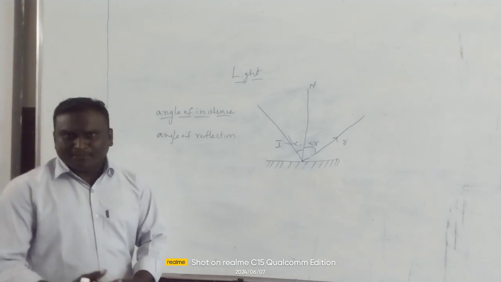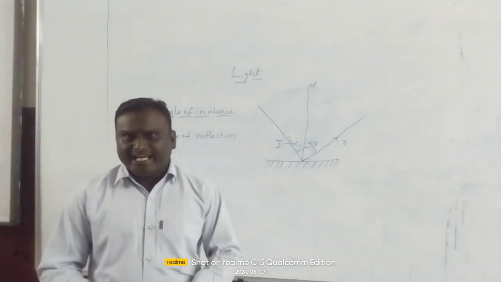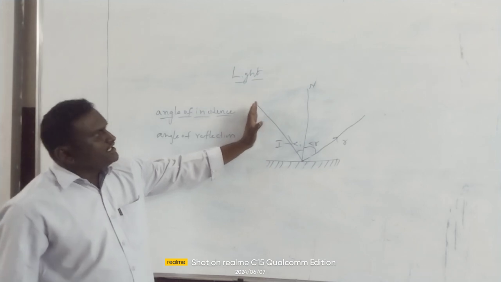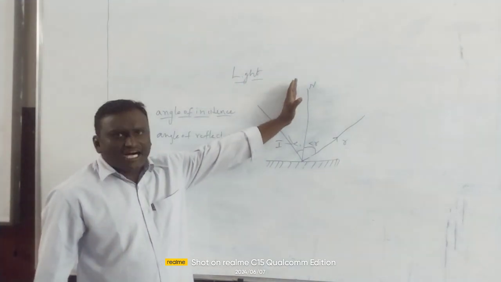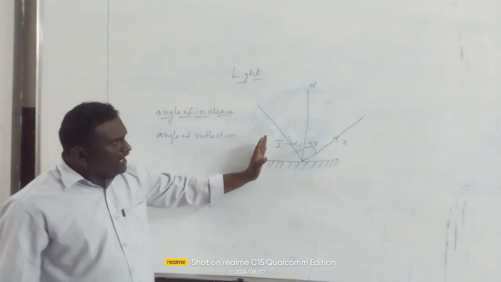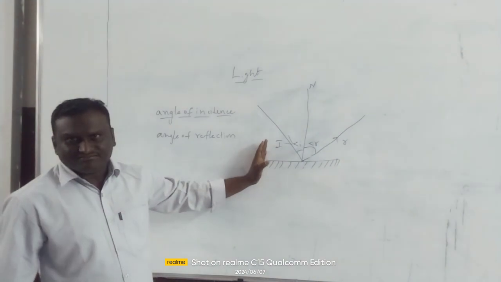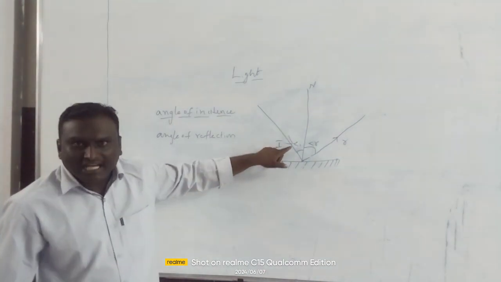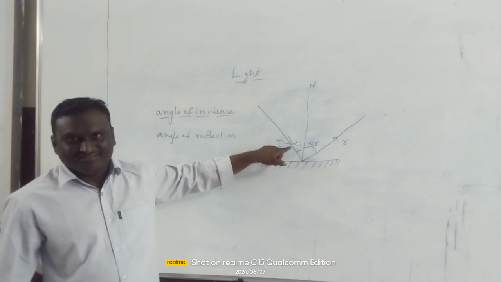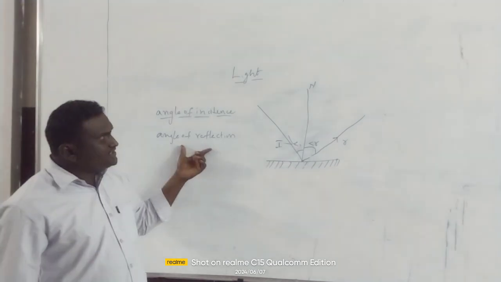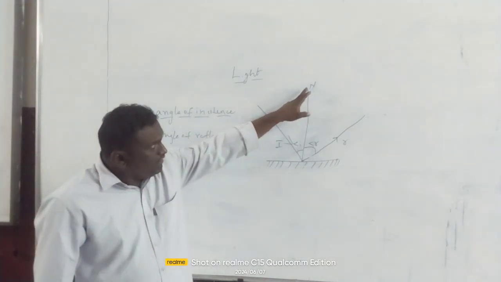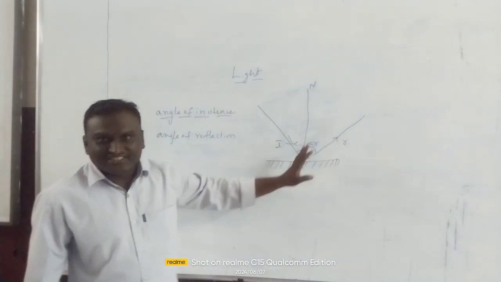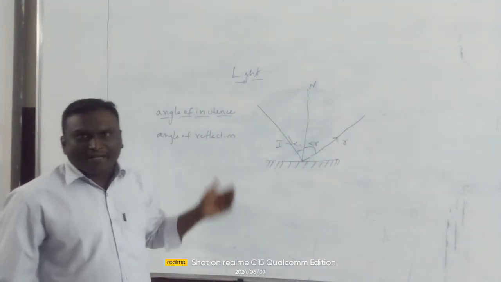The angle of incidence is the angle between the normal and the incident ray. The angle of reflection is the angle between the normal and the reflected ray.